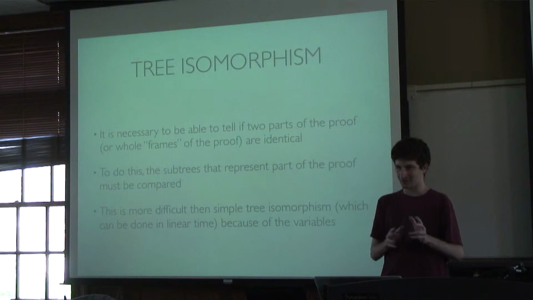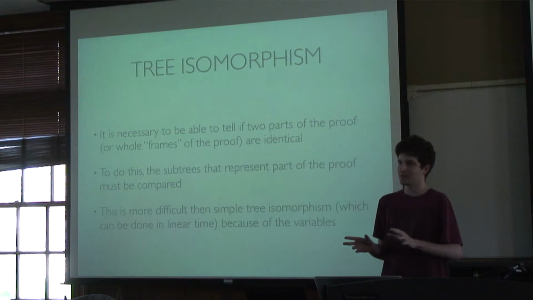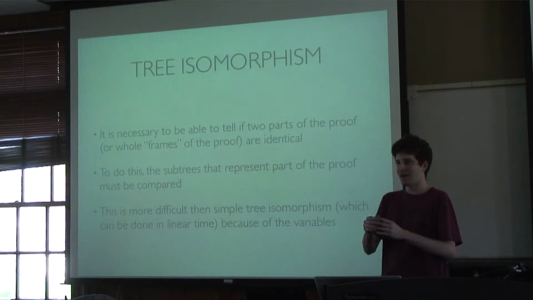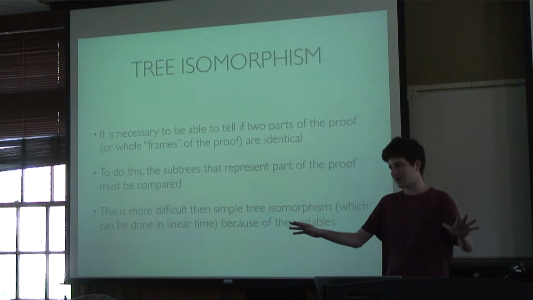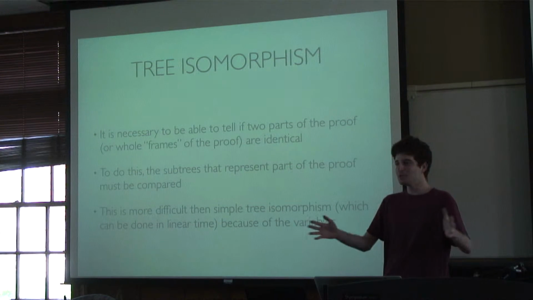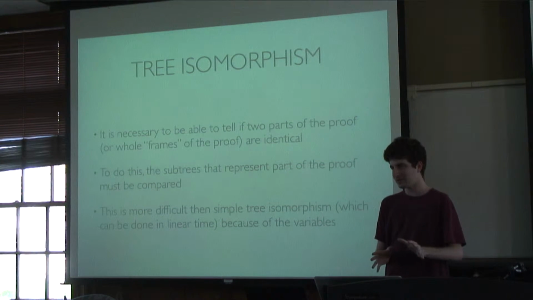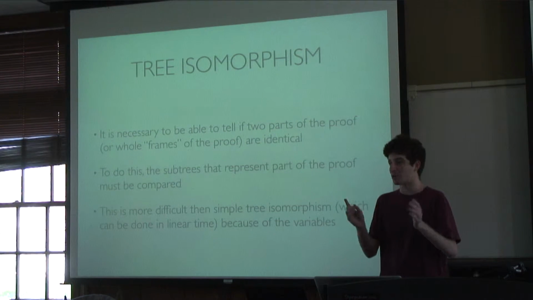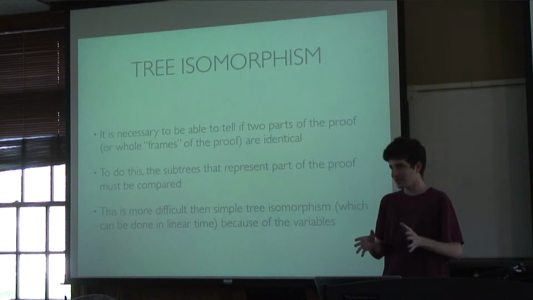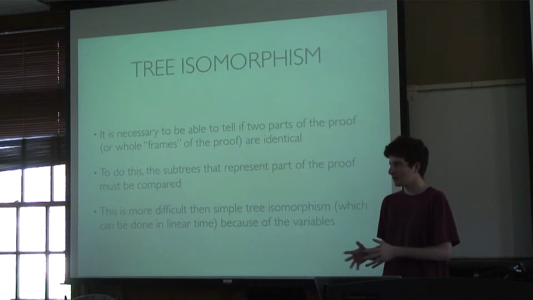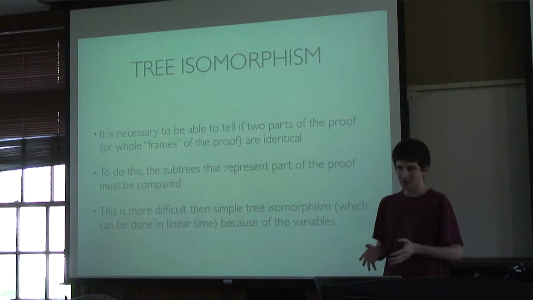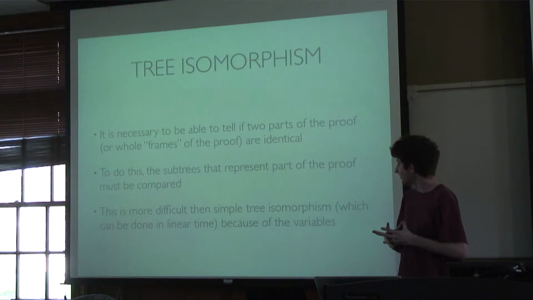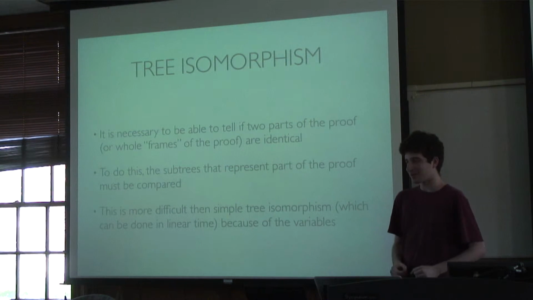While this might not sound like too much extra work, it gets more complicated because if you had, say, a highly symmetric tree, like a complete binary tree, and then at the end you had all these different variables, there could be a huge amount of ways that you could have matched those trees that would be a correct structural matching, but maybe only one or maybe none would have been a correct matching with the variables included. So that sort of check, if you were going to brute force this, would quite obviously be close to exponential, if not higher. So that was our problem.